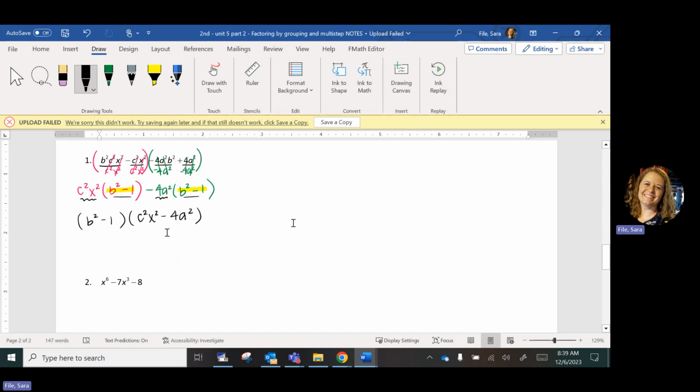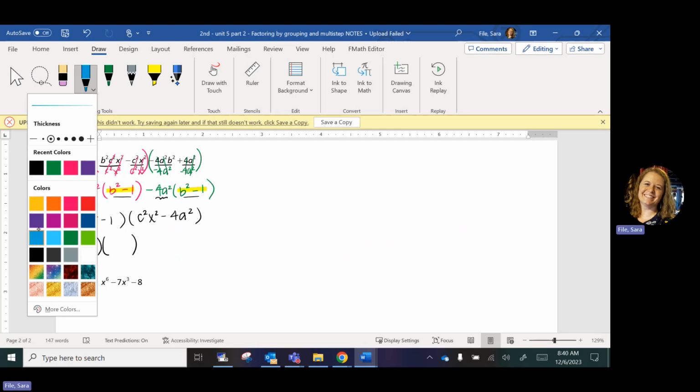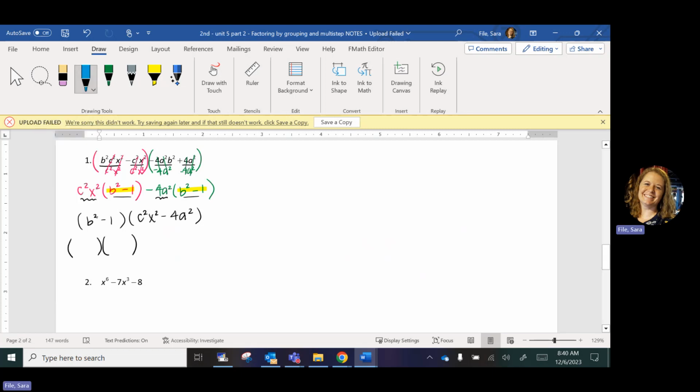So I could take this further and say, okay, the difference of squares says that when I have this, I take the square root of the first term, that would just be b, and the square root of the second term, that would just be 1. And what do I put in between? What's the difference here in these two binomials?